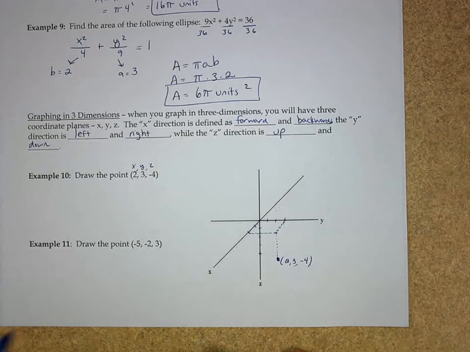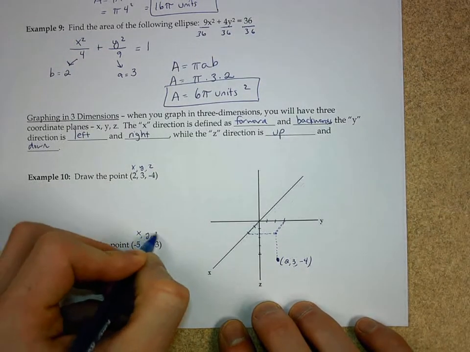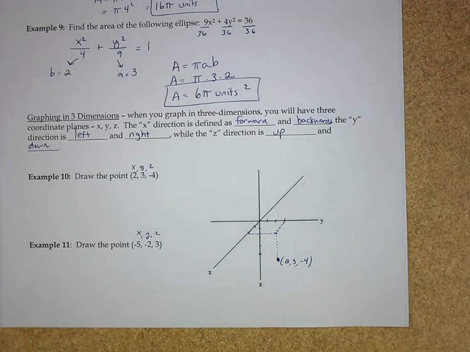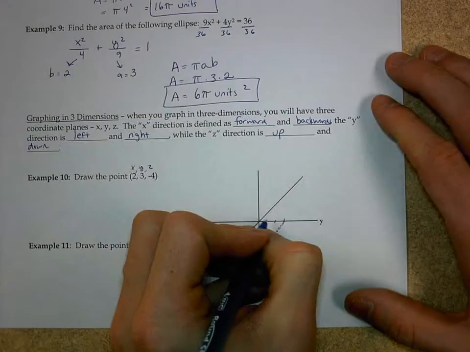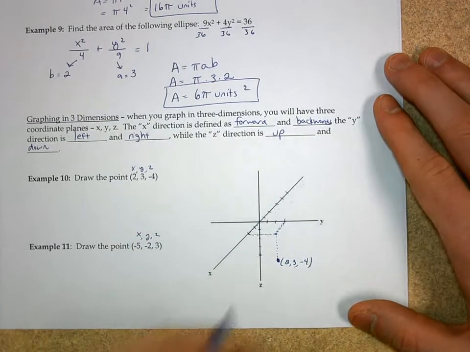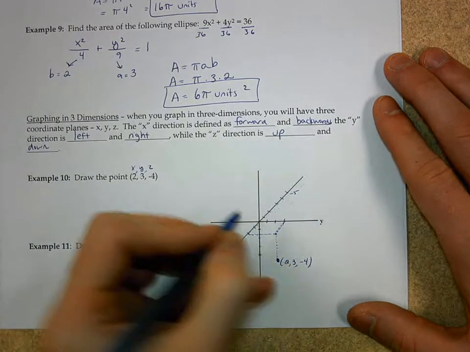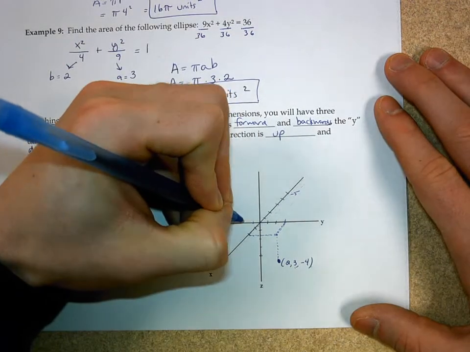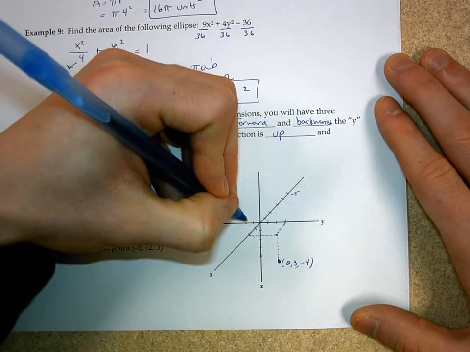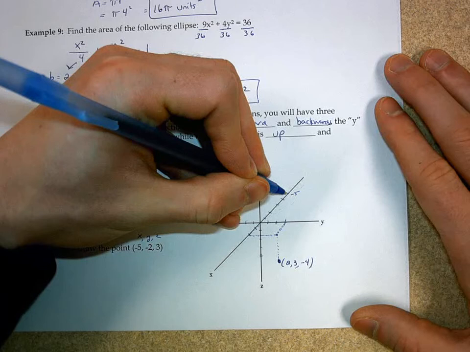If I draw the point negative 5, negative 2, 3, once again, that's x, y, z. And if I go negative 5, 1, 2, 3, 4, 5, I'll head negative 5 backwards there. Negative 2 is going to be 2 over. So once again, imagine there's this parallel line going to where that negative 5 is.